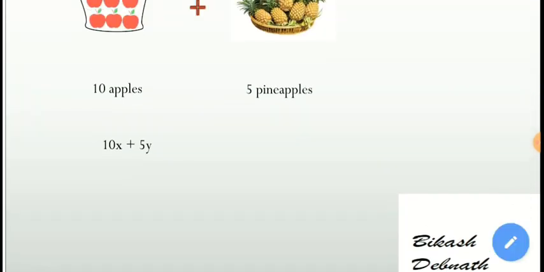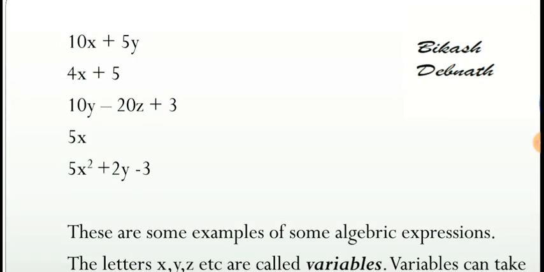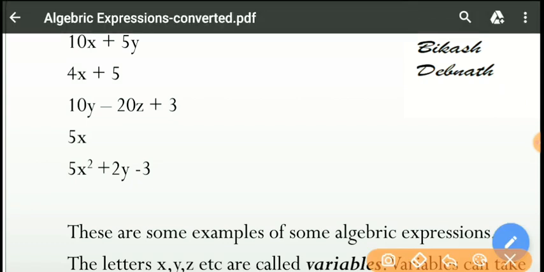So why have I shown you these things here? Let us try to understand now. Here we have written 10x plus 5. Similarly, can we write 4x plus 5 for another situation?